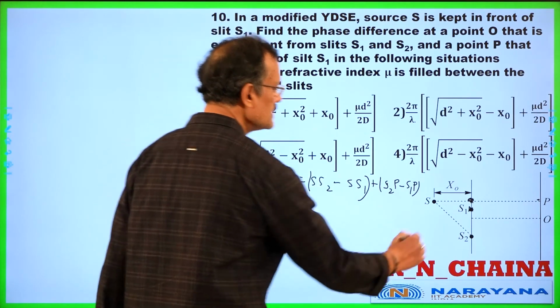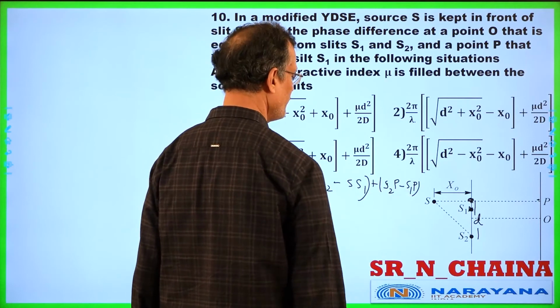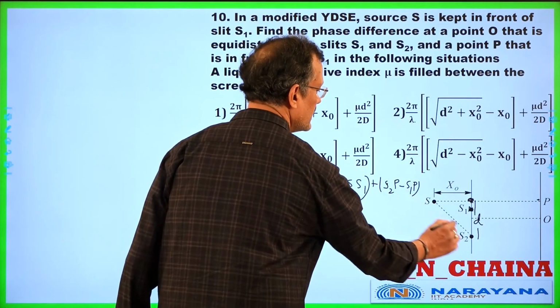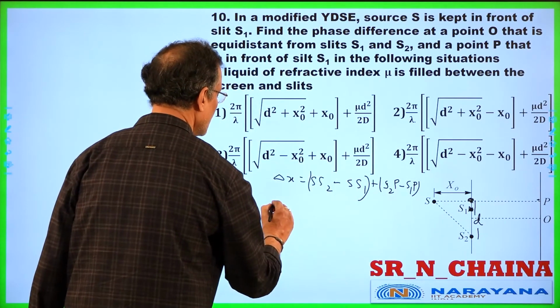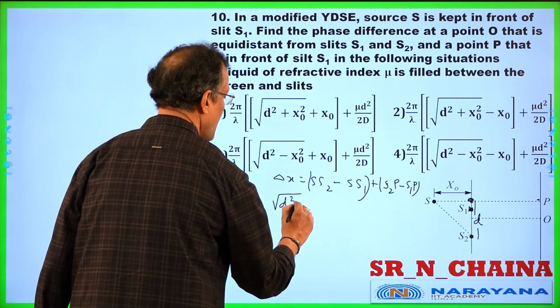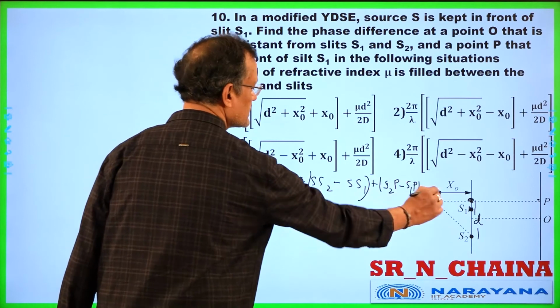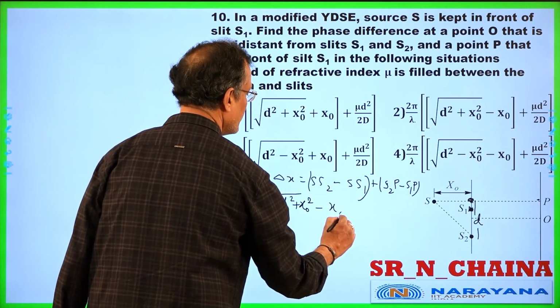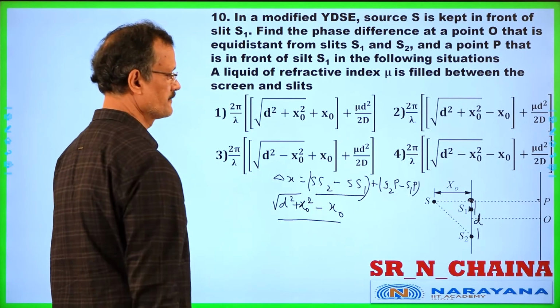SS2: this distance you have taken as d. The S2, if you take, will be this square plus this square under root. S2 is under root d square plus x naught square, minus S1. Directly they have given you x naught. So this path is this.